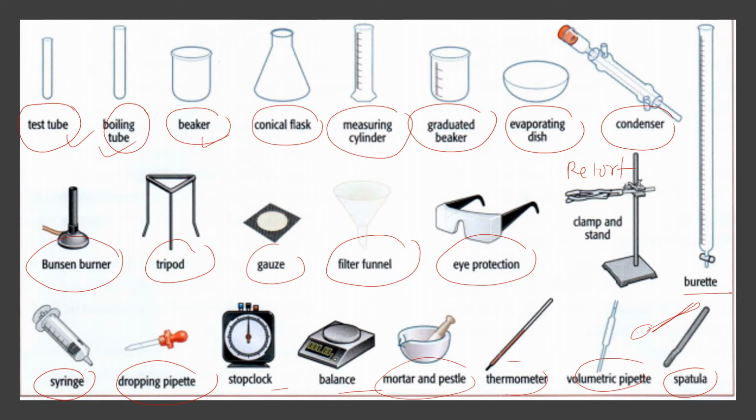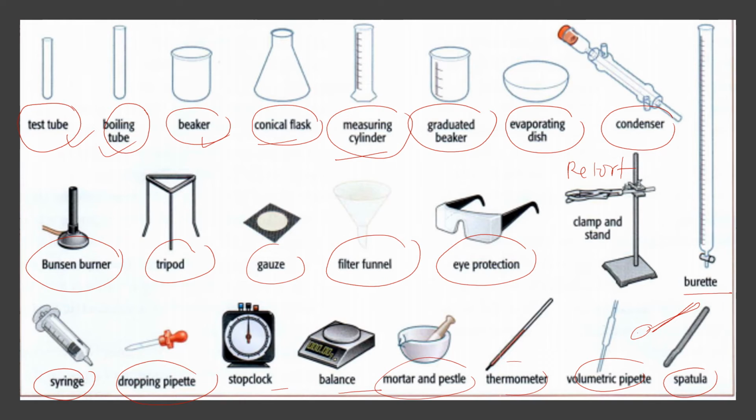Beaker to hold a liquid or solution. We cannot use a beaker to measure the volume, just approximate. Conical flask for titration and other experiments. Measuring cylinder to measure the volume of liquid or solution.